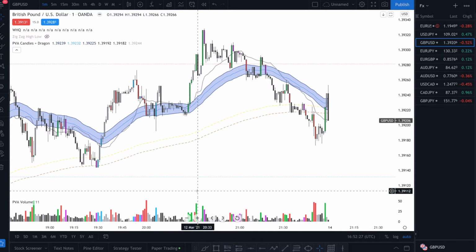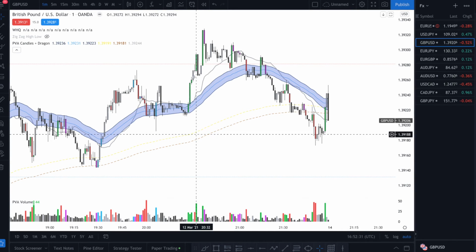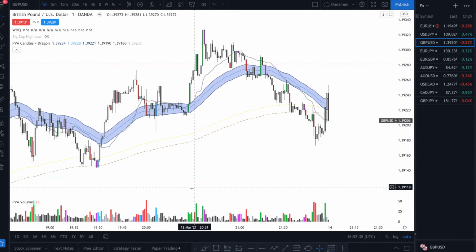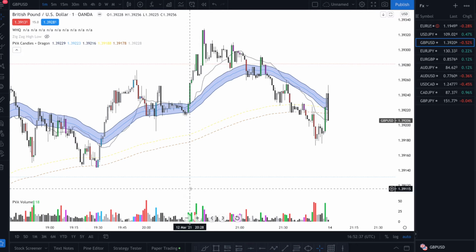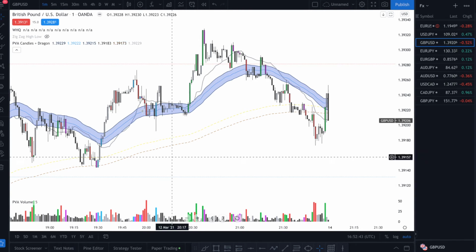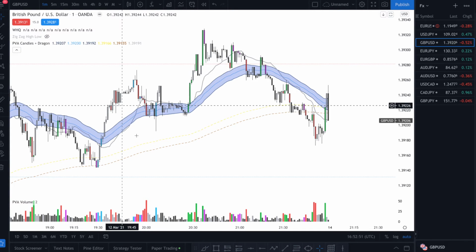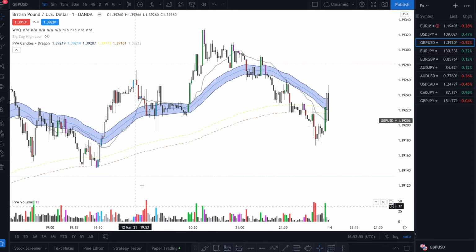The green one means that the candle was bullish, so the price went up, and that the volume here is 50% bigger than the average of the previous candles. The red one means the same thing: the volume was 50% bigger than the average of the previous candles and also the previous volume.